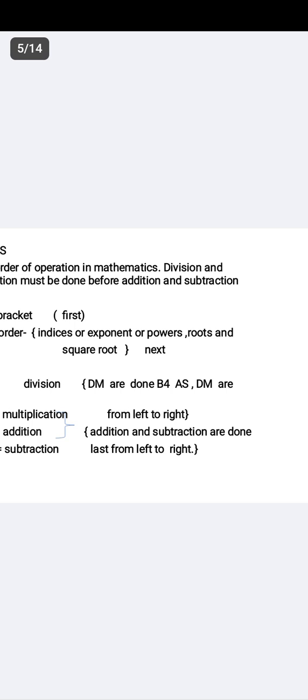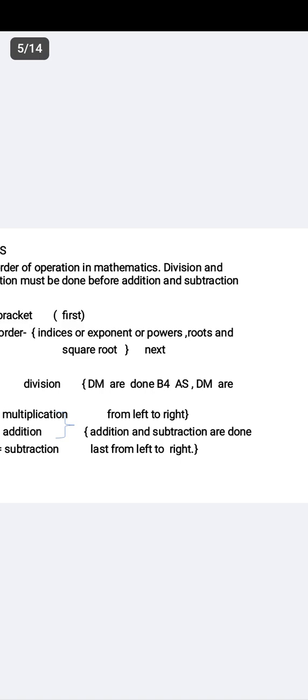If there is any, solve it next. If there is a root or square root, that is what order means. If it is not there, then you move on.